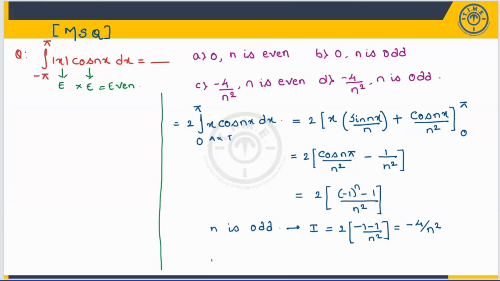And if n is even, then the value of the integral is 2 times negative 1 to the power even, that is positive 1, minus 1, and that is equal to how much? 0. So if it is odd, it is negative 4 by n square. And if it is even, then it is 0. So A and D are the answers.